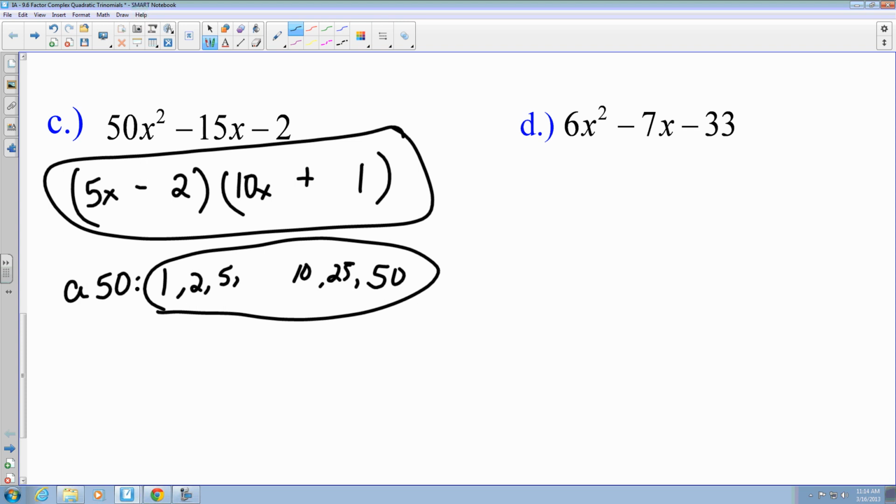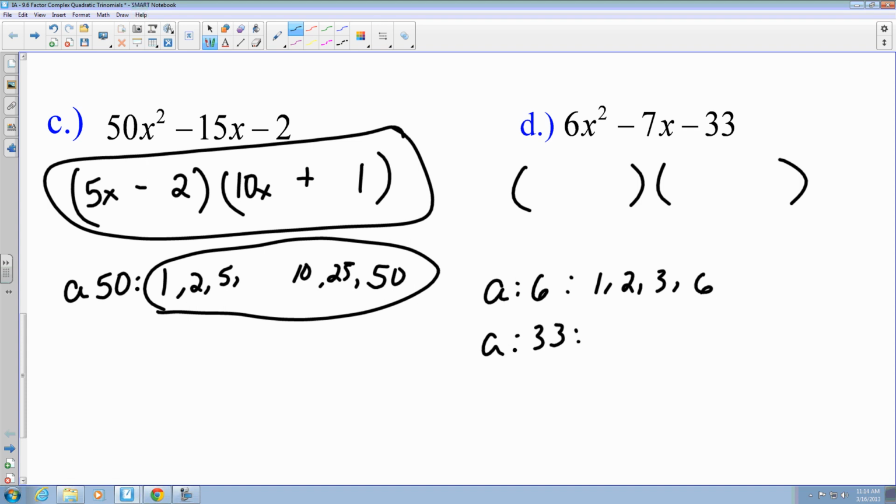So for D, again, parentheses, parentheses, I need to find the factors of A, which is 6. And that's going to be 1, 2, 3, and 6. And then the factors of 33 are going to be 1, 3, 11, and 33.